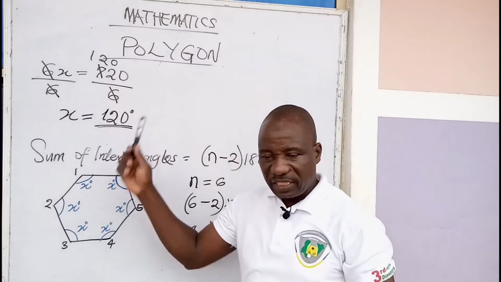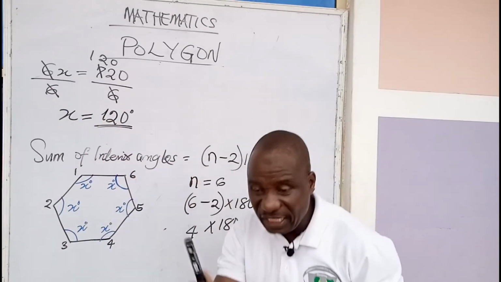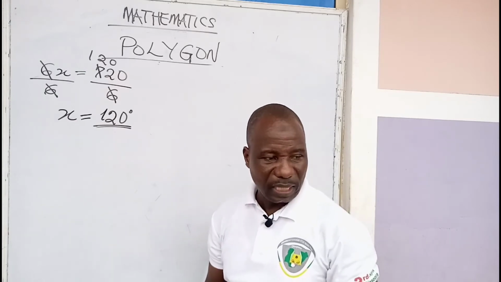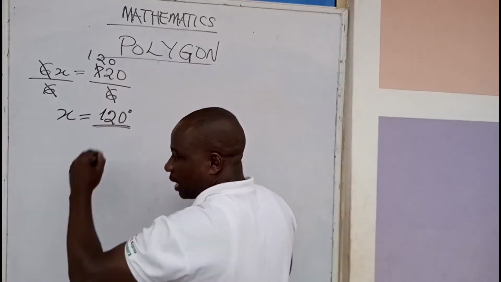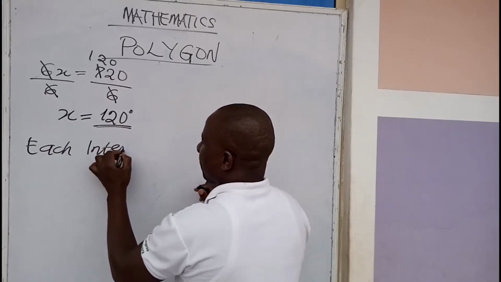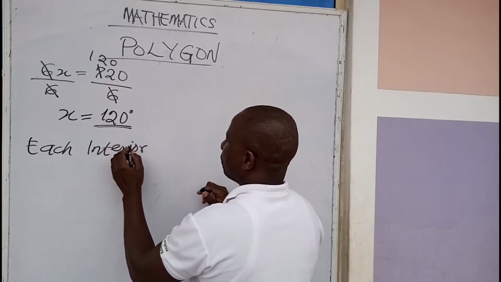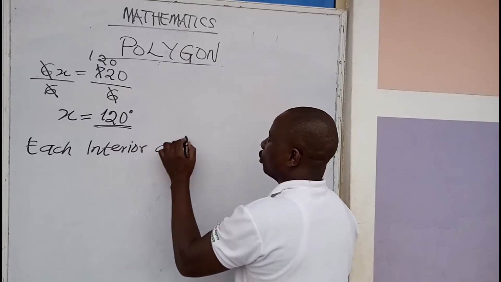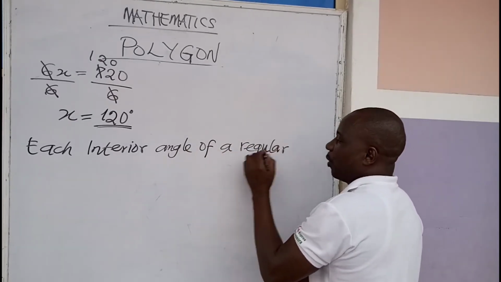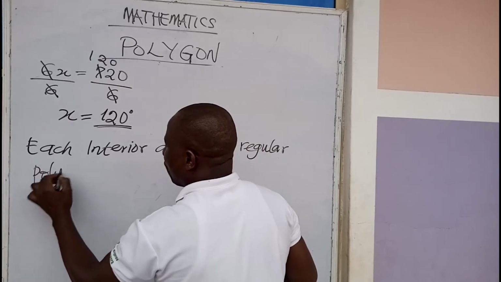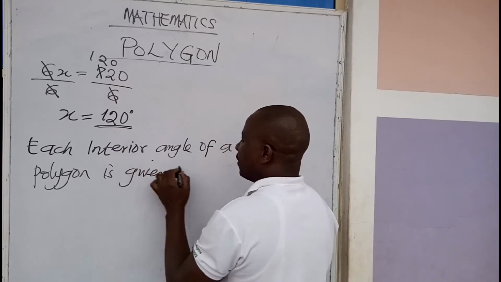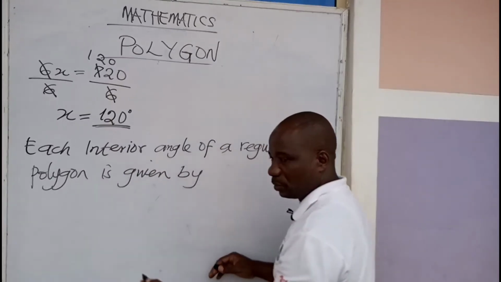Now, from this you can see how we got each interior angle. I want to deduce the formula for each interior angle. Class, now we have known the total. Each interior angle of a regular polygon is given by what? What is our sum total?